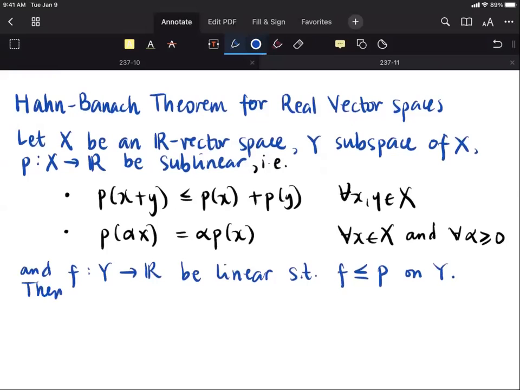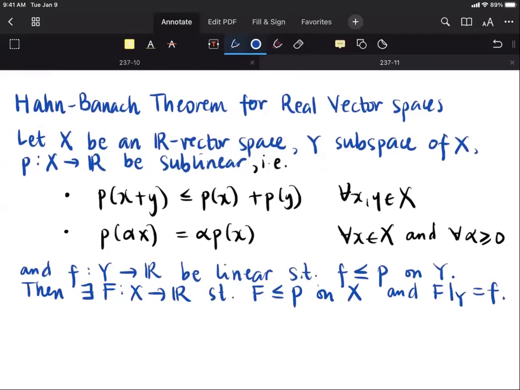Then one can find an extension, say capital F, of this linear form, wherein this extension satisfies the same inequality at each point in X, and indeed this is an extension of your given linear form small f.